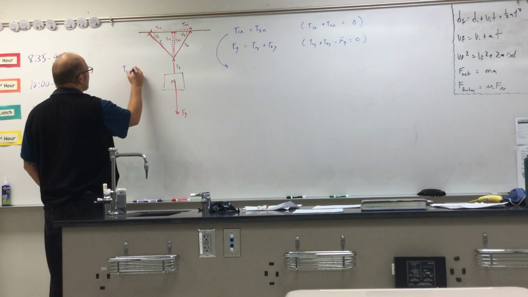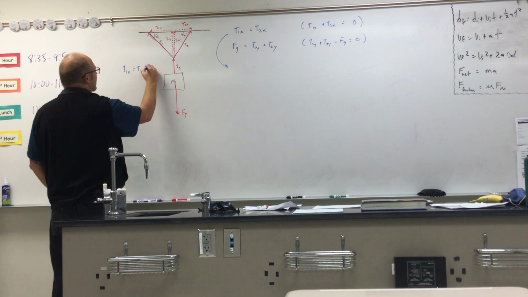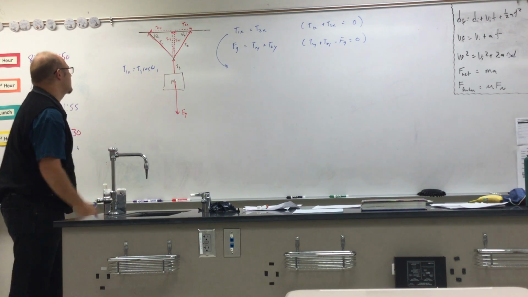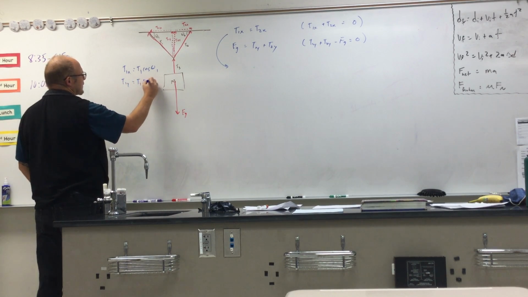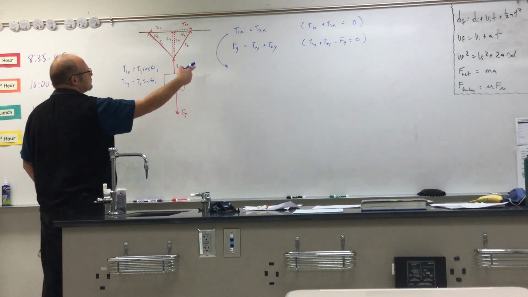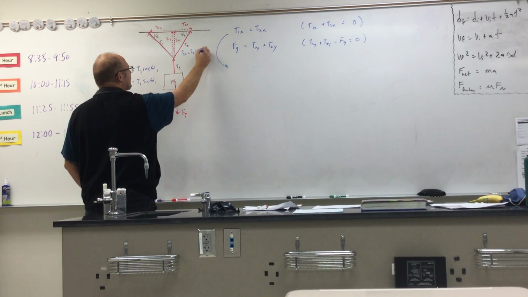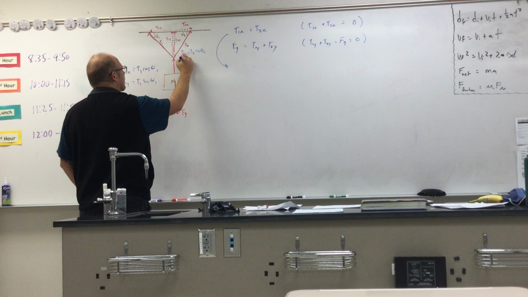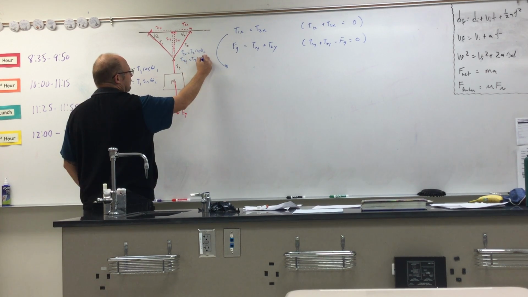T1x is really just T1 times the cosine of theta 1. T1y is really just T1 times the sine of that angle. And similarly, over here, T2x is really just T2 cosine of theta 2, and T2y is really just T2 sine of theta 2.